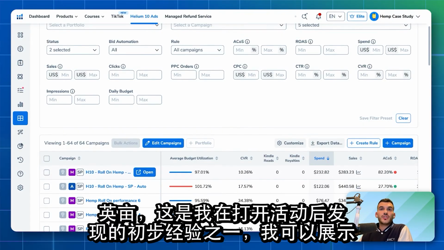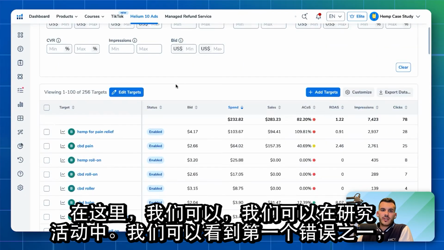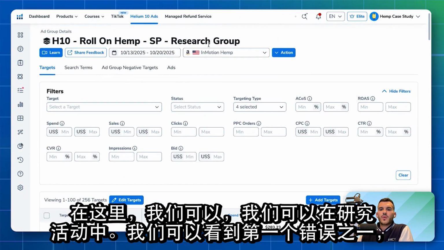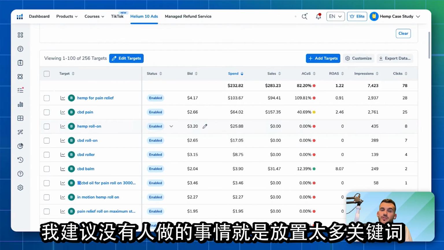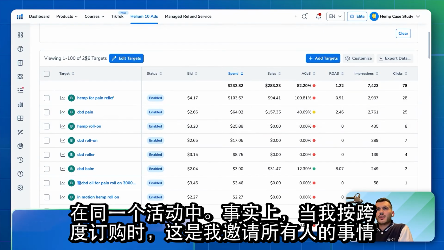And one of the initial learnings I found as soon as I opened the campaign, which by the way I can show you here, we're inside the research campaign, is that one of the first mistakes, and this is something I would advise nobody to ever do, is putting too many keywords in the same campaign.